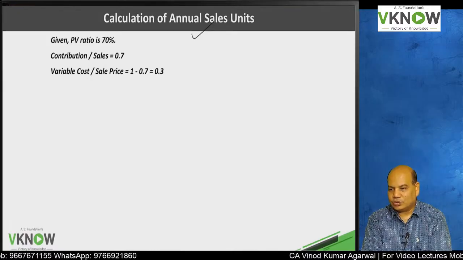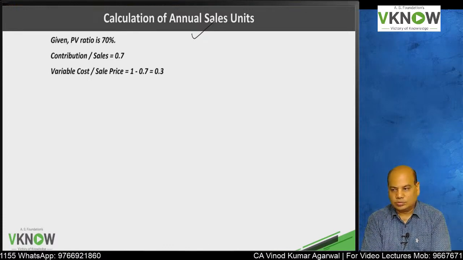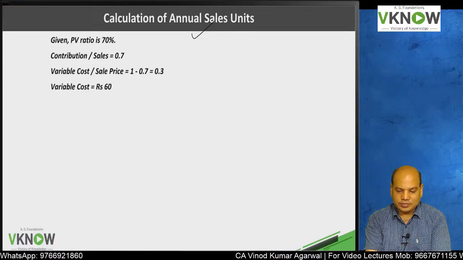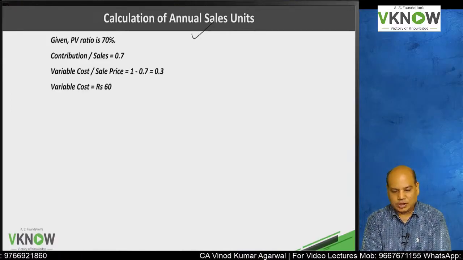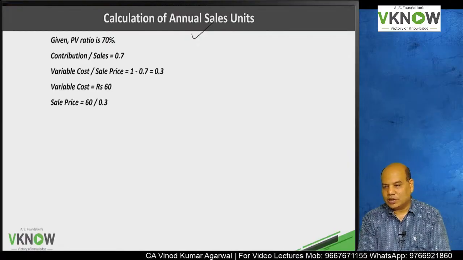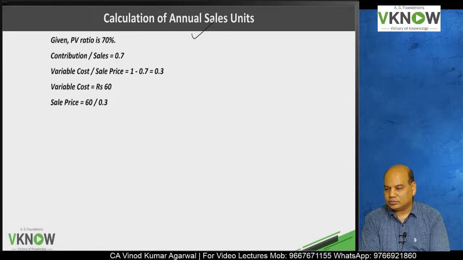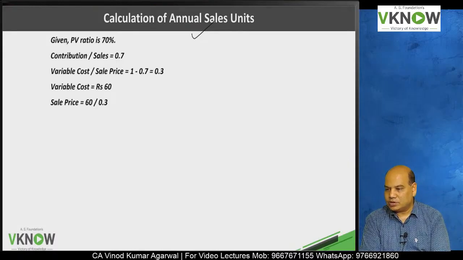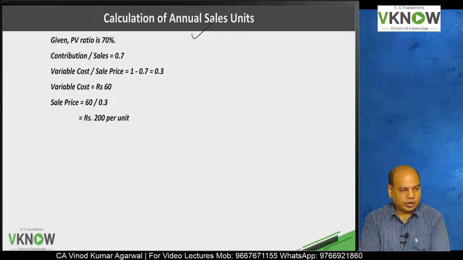Therefore, variable cost to sales ratio is 0.3. Variable cost is rupees 60. Therefore, selling price will be 60 divided by 0.3, which is rupees 200.